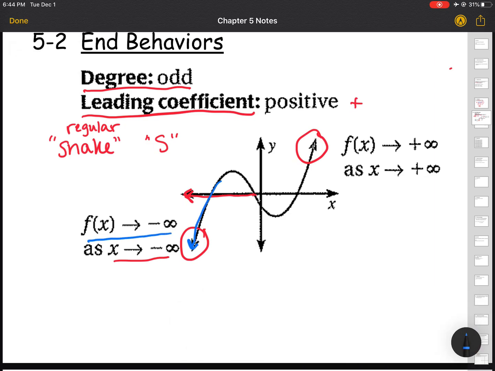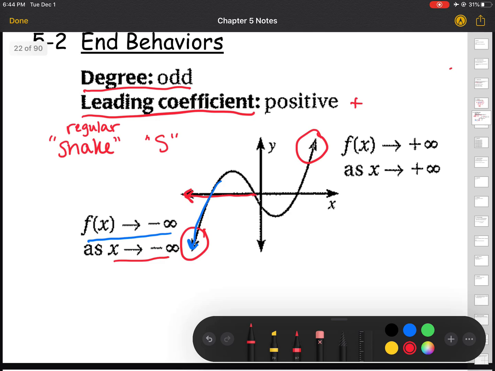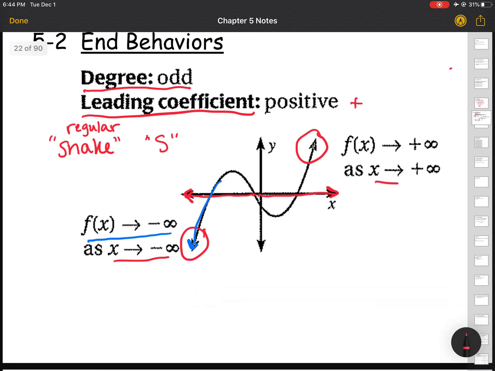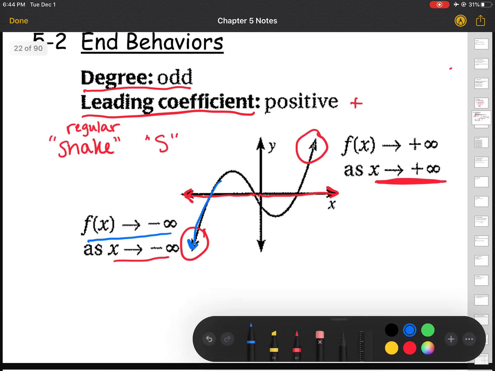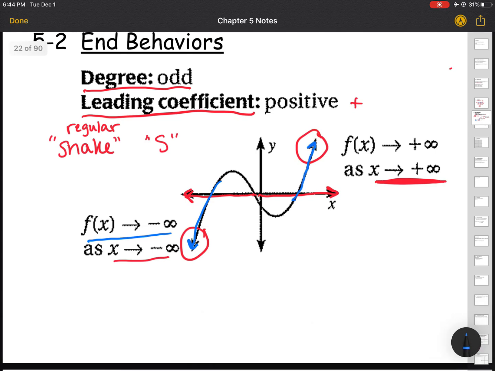So my graph is going down negatively forever and ever. But as x gets positive this way, forever and ever, or positive infinity, then my graph is going up forever and ever to positive infinity. And that's what this means right here. So we're paying attention to the ends of the graph.